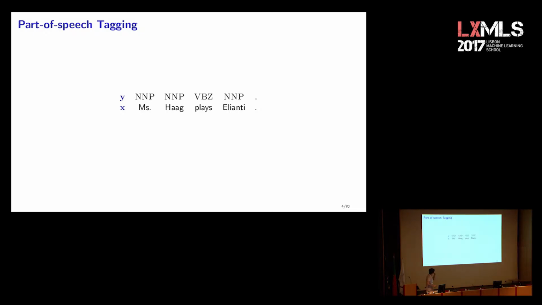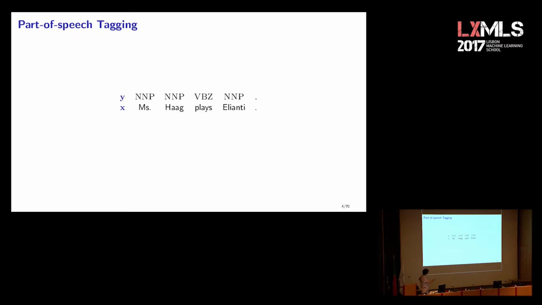There's many other problems. This is a huge family of problems, and actually most problems that deal with real data have a structured nature, because data in this world is structured. So this is another problem that is a bit intermediate within NLP, which is part of speech tagging. Again, we're given a sentence, and we want to label each word with a syntactic category.